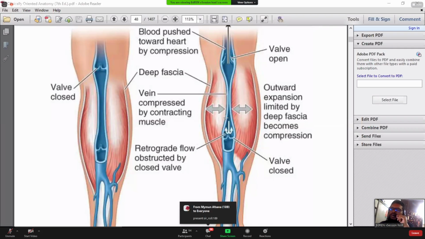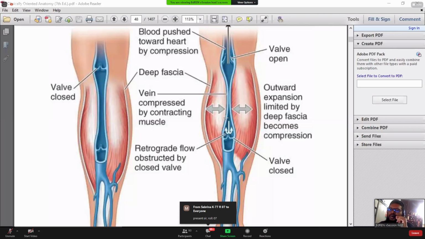It comes in written questions, and sometimes it is asked to explain, with your knowledge of anatomy, what happens if the valves are incompetent. I've told you already that this leads to varicose veins, right?